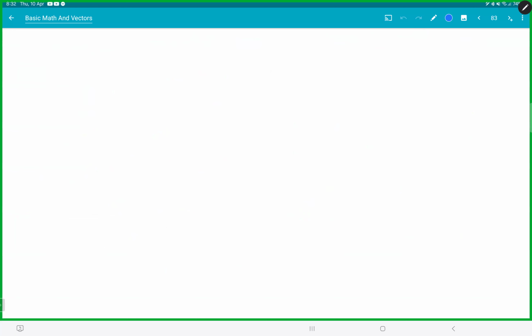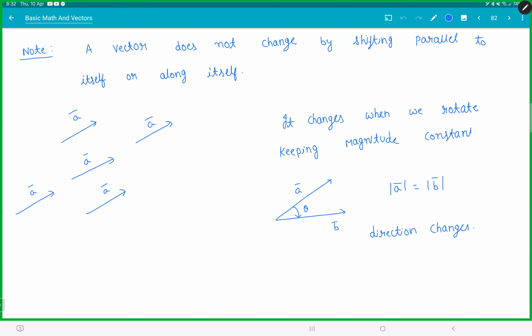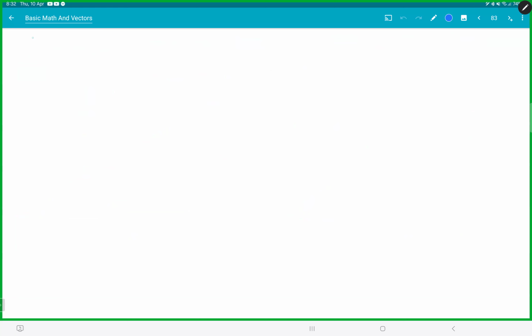So among the different types of vectors, parallel vectors is one, and then we have equal vectors. These are the vectors which have the same magnitude and direction. So this is mostly standard stuff.